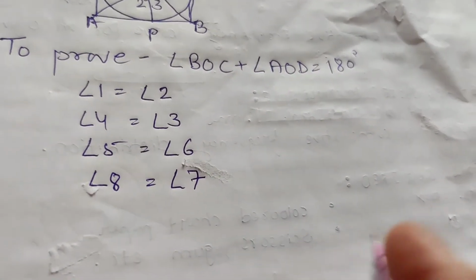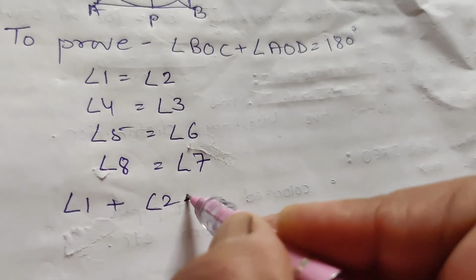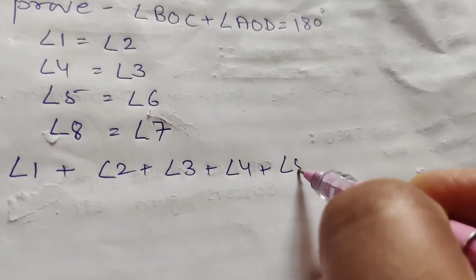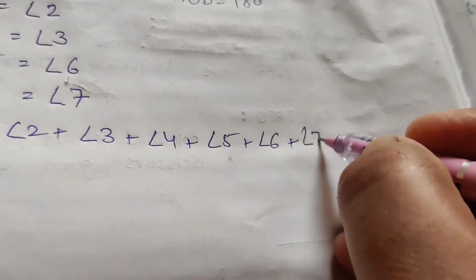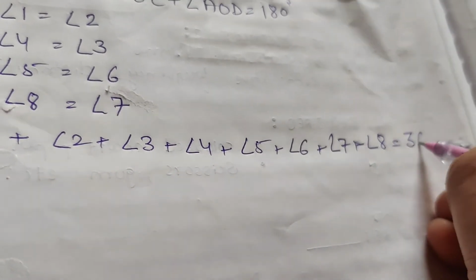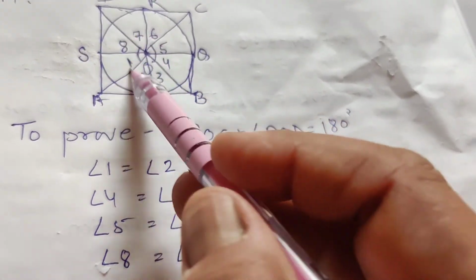Okay. The sum of all angles, angle 1 plus 2 plus 3 plus 4, 5, 6, 7, 8. What is the sum of all the angles? This is the central angle. Complete angle is 360 degree. Sum of all the angles is 360 degree.